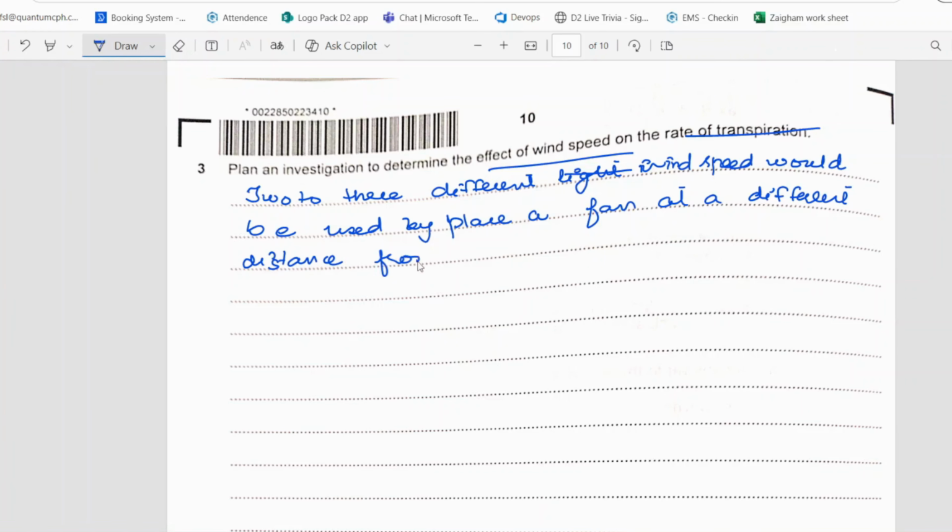This is how you would set up your independent variable.